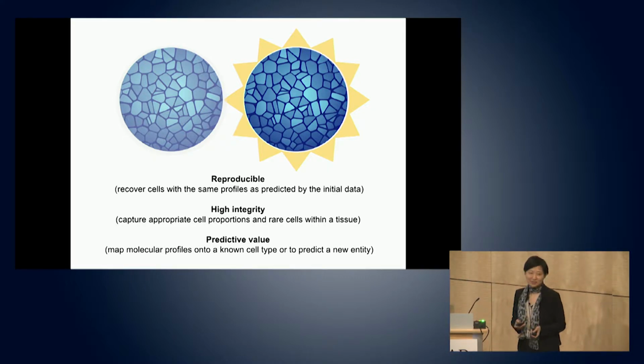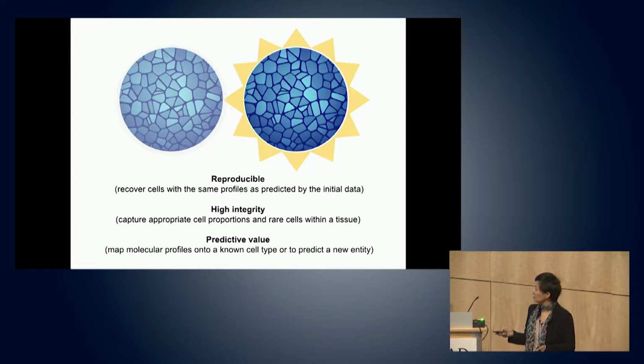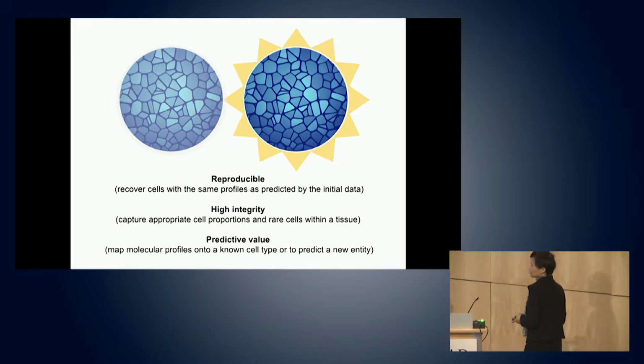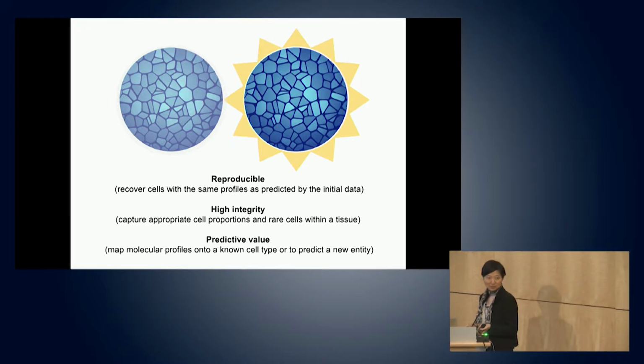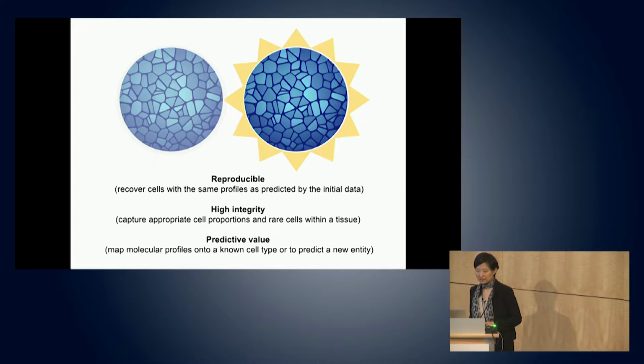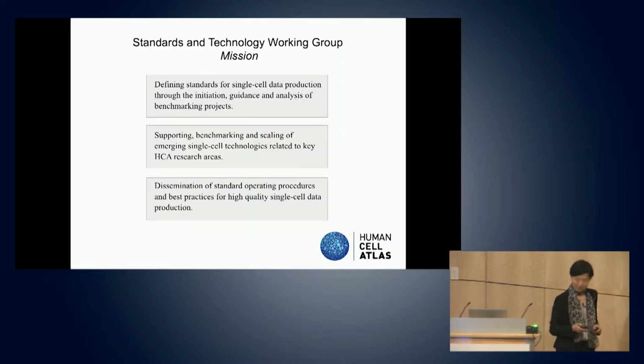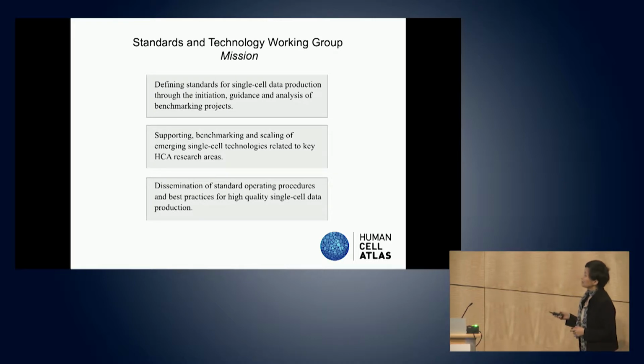And high integrity means that we can capture appropriate cell proportions, and also the rare cell types. And then also predictive value, that we can map these molecular profiles either to a known cell type or actually predict new cell types. And this is the mission of our working group, and I'm just going to read it.